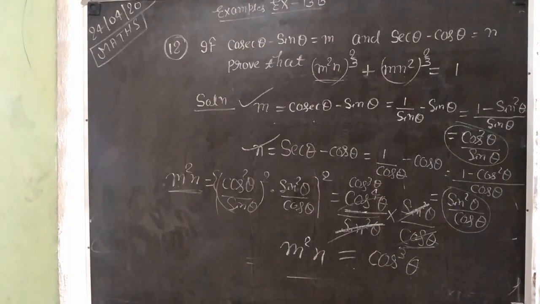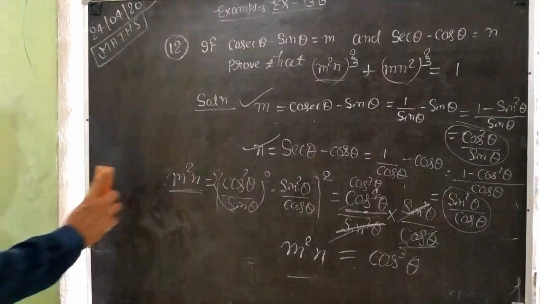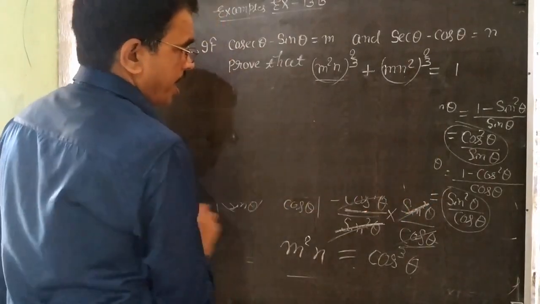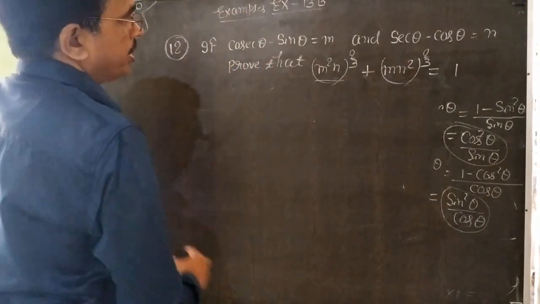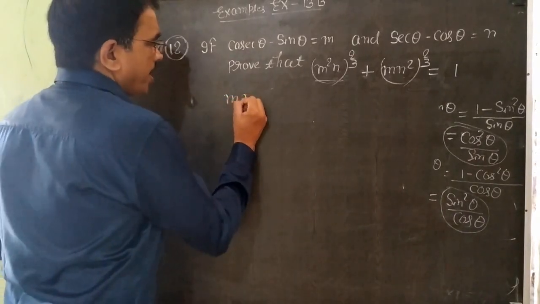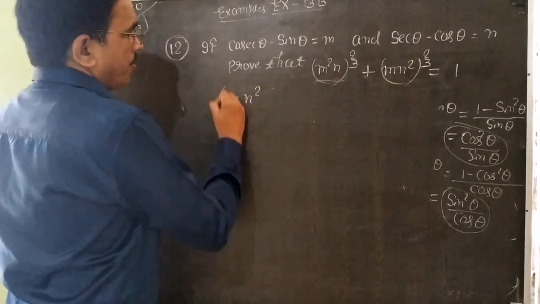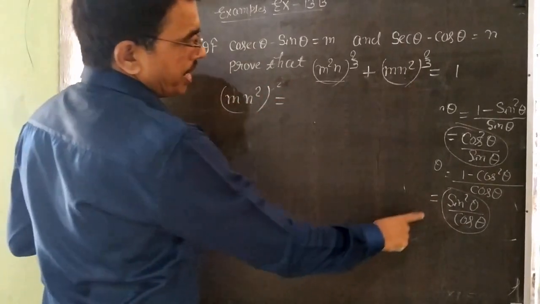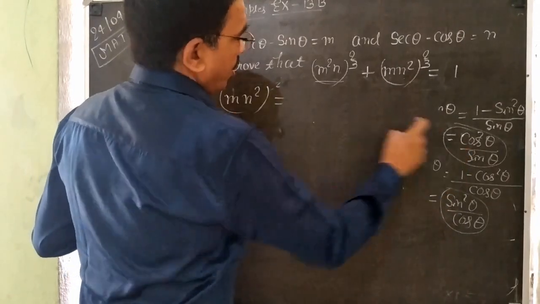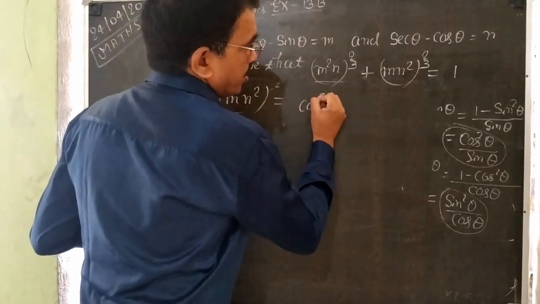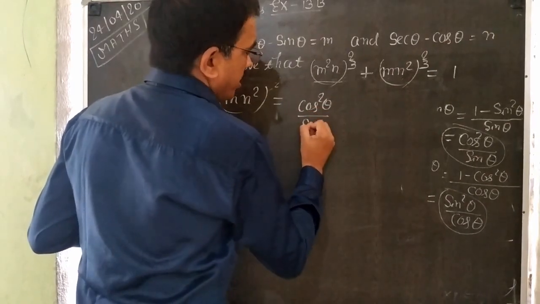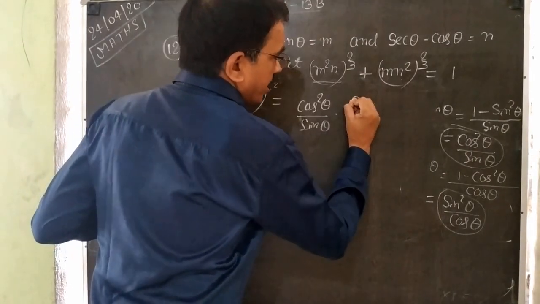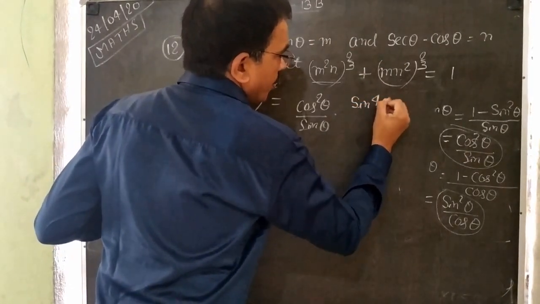Similarly, you find the value of m n squared. m n squared is equal to m, which is cos squared theta by sin theta, into n squared.